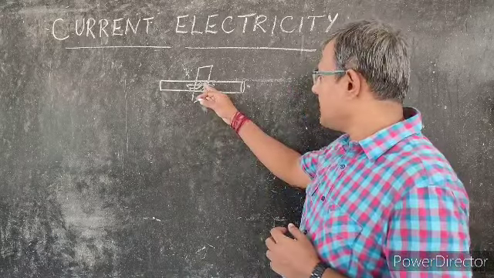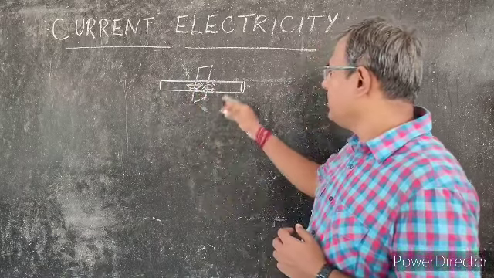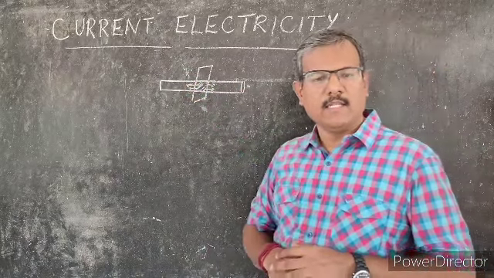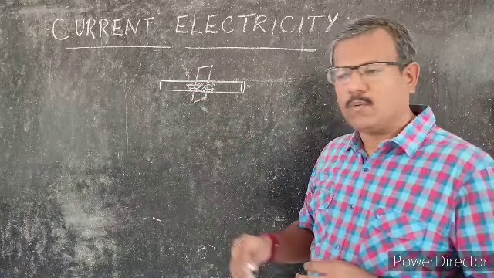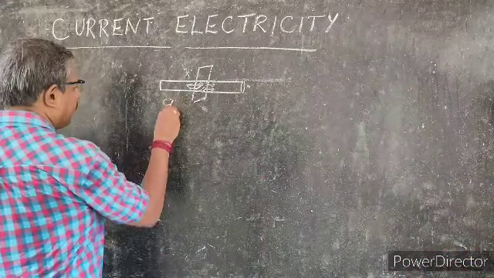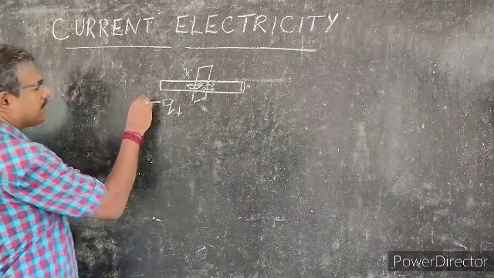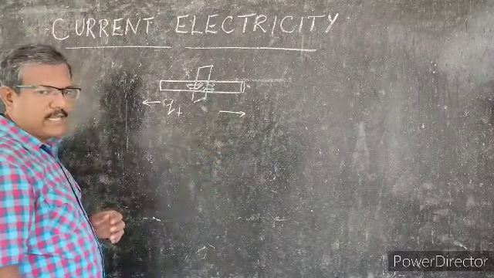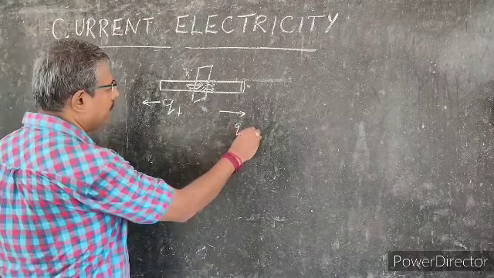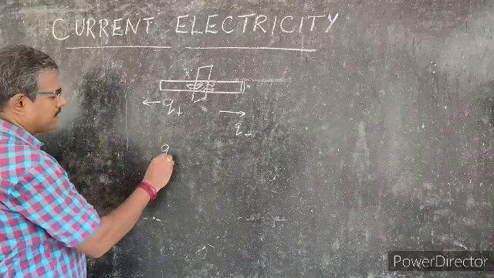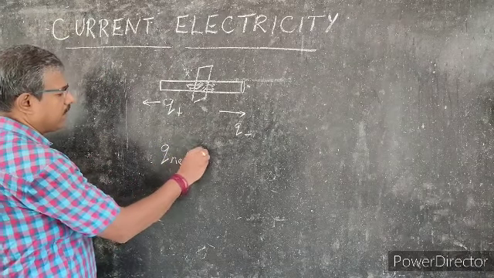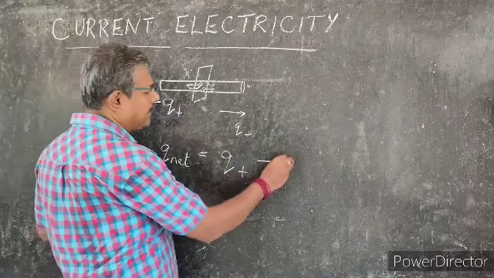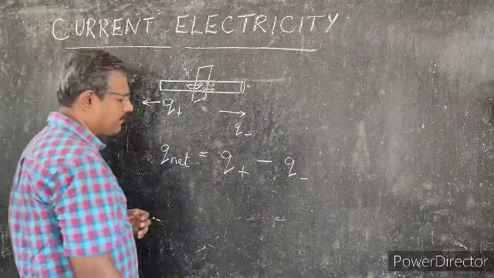Say some of the positive charges might be moving in this direction due to a potential difference, or there might be a few negative charges that might be moving in this direction. So I can define the charges that are moving in this direction as the charges Q positive and the charges moving in this direction as Q negative, then the net charge is given by the total positive charges minus the total negative charges.